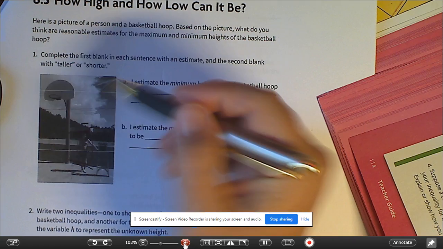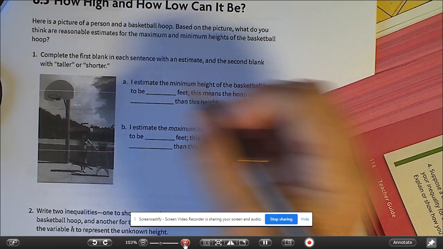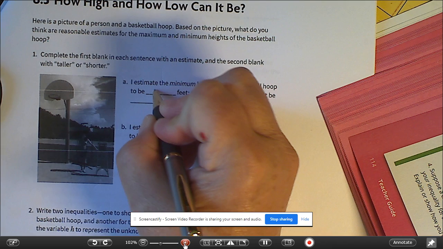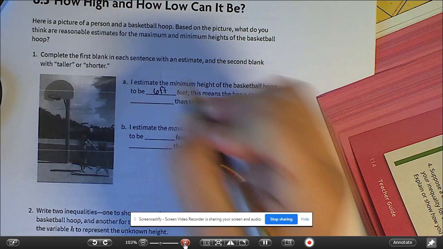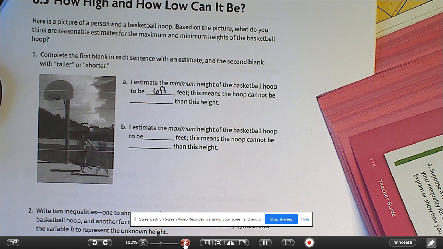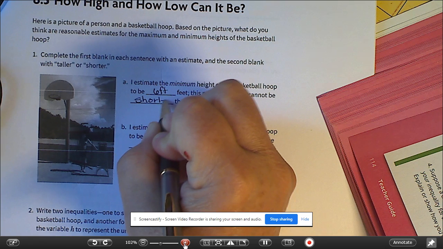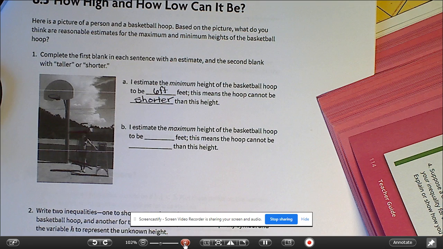So the minimum height of the basketball hoop to be 6 feet, right? At least. This means the hoop cannot be shorter than this. There's no way it's shorter than 6 feet, right? And B, so the word minimum means the lowest possible value.